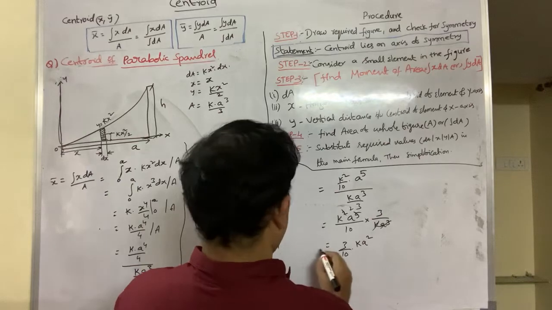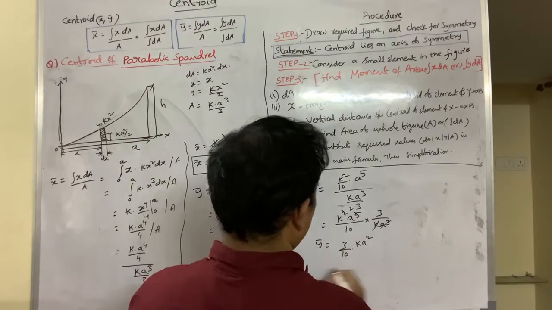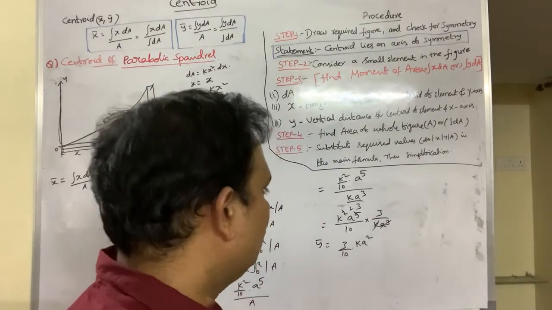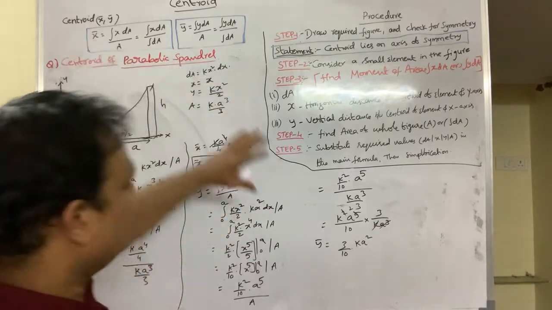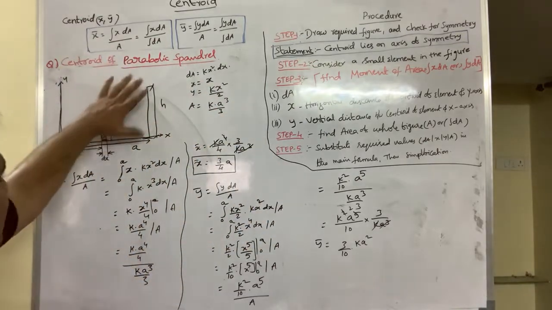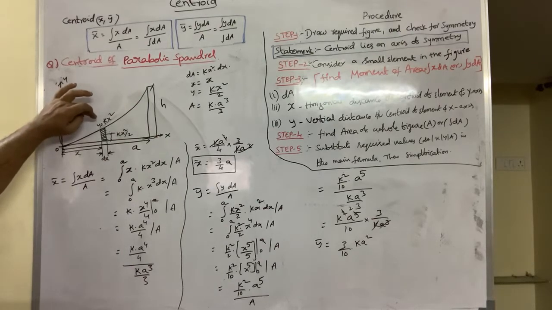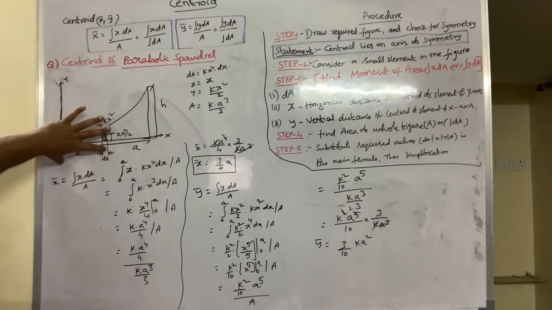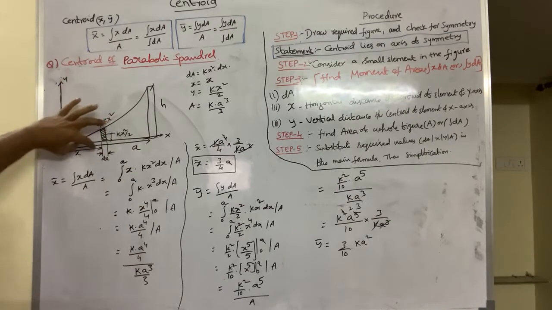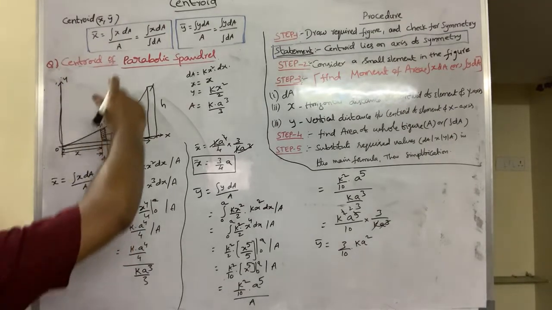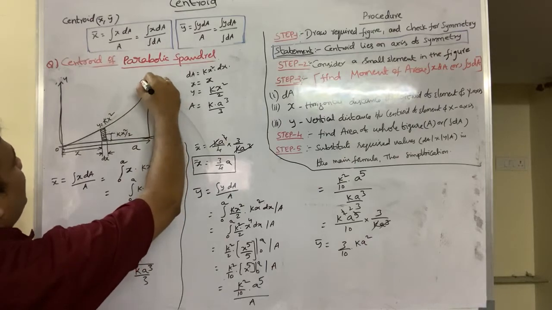So y bar is equal to 3 by 10 into k a square, but let us convert this k a square into height. What is the value of y here? K into distance square. Then what would be the height here?